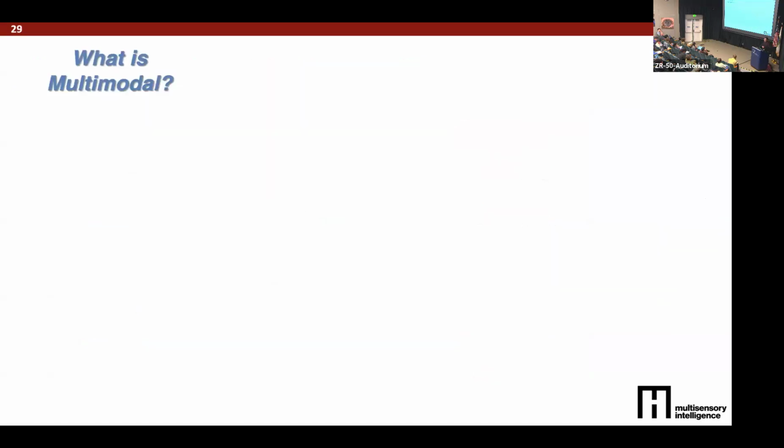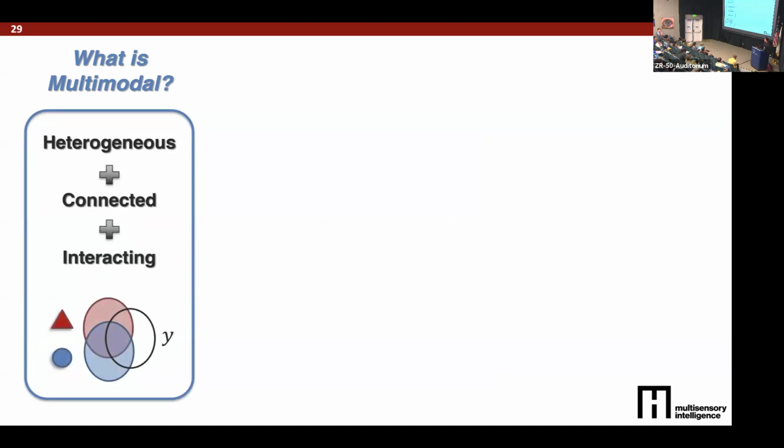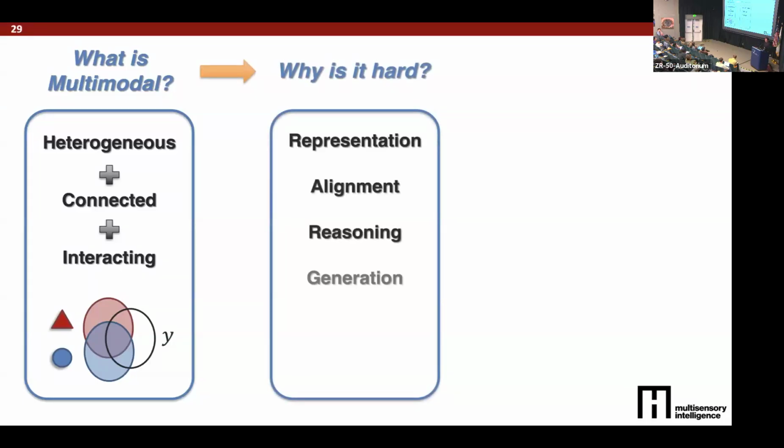All right, so to summarize what you've seen so far, what is multimodal? Multimodal has 3 key principles. It is a scientific study of heterogeneous, so very different, connected, sharing information, and interacting data, where there's some new information to be discovered when you fuse these data modalities. Why is multimodal difficult? We covered 6 key challenges at a high level.